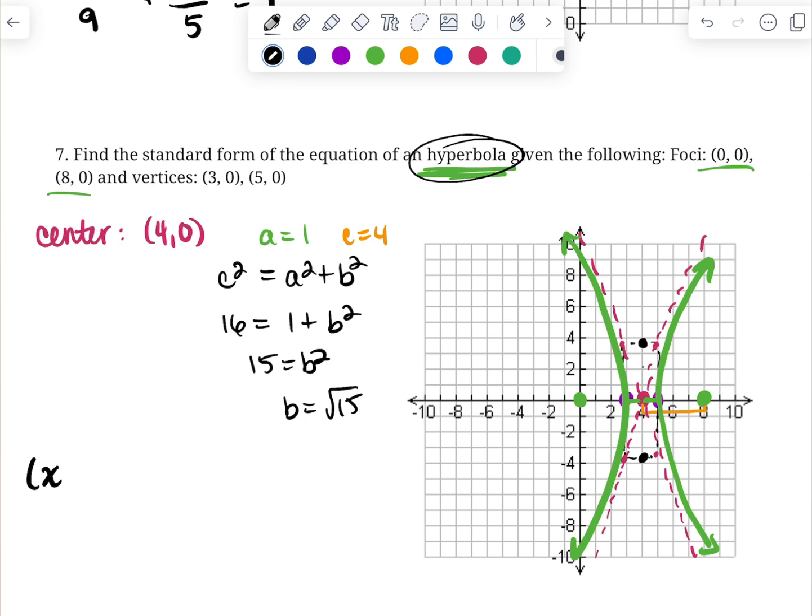So it's going to be x minus 4 squared minus y squared equals 1. And then the distance left and right from the center was 1, so 1 squared goes underneath, and the distance up and down was the square root of 15, so 15 goes under the y squared. Ta-da!